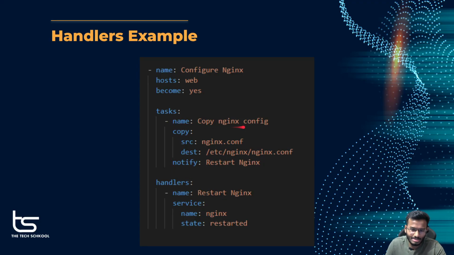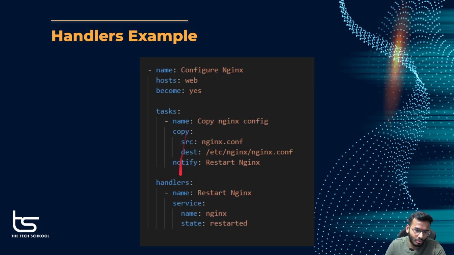After the task is completed, it notifies restart Nginx, which is the name of the task that should be performed. Under handlers, I have given a name, restart Nginx, and I've mentioned what should happen when this handler gets notified: the service name nginx and state restarted.